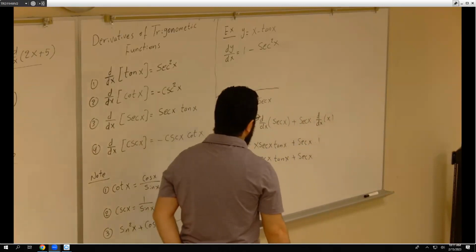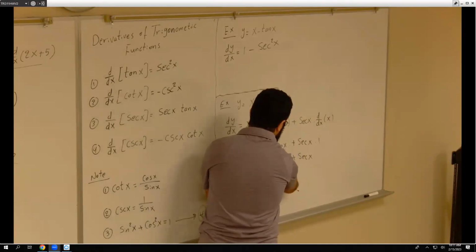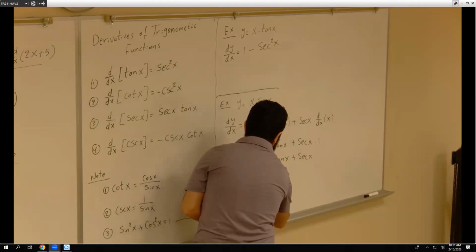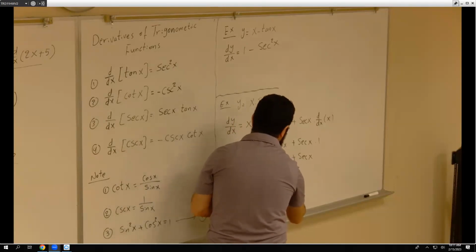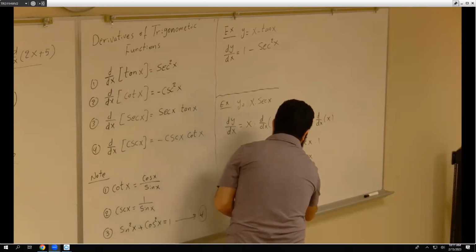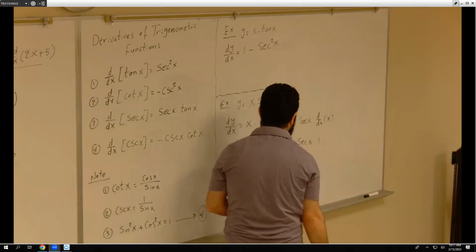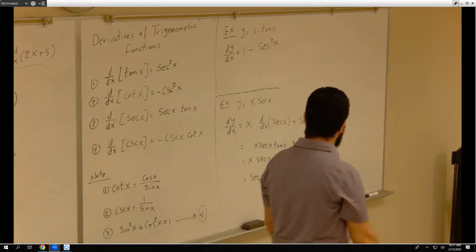Take the secant x out as a common factor between these two terms, because you see everything here is multiplication, and here's the term by itself. So here is secant x as a common factor. What's left here is x tangent x plus 1. That's it. That's the whole thing for this example.